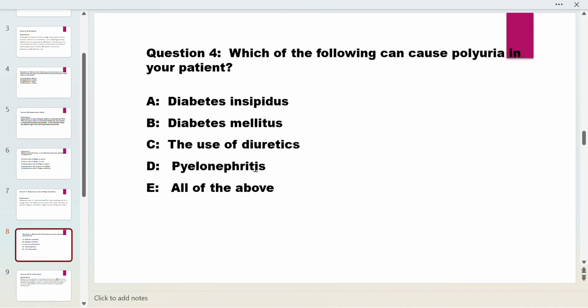Give it 1 minute for us to think about our answer.